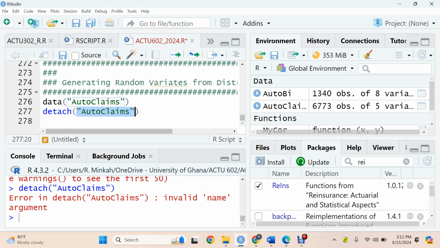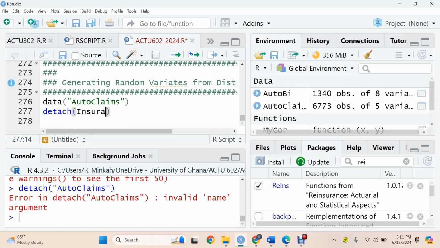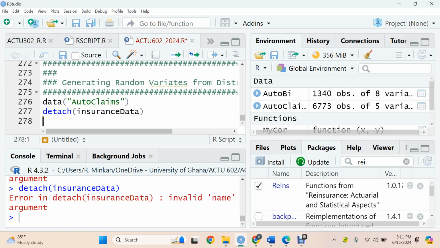And auto claims is in insurance data, yeah, insurance data, a small i. Okay, like that. No, the name should. Okay, let me see.